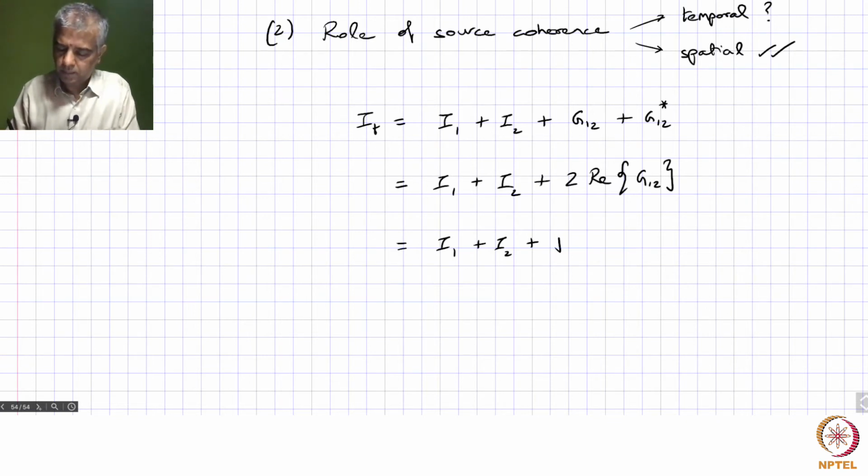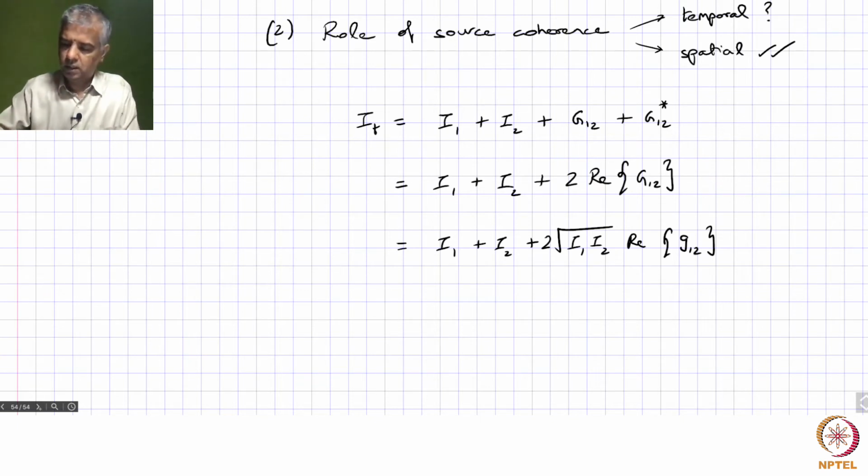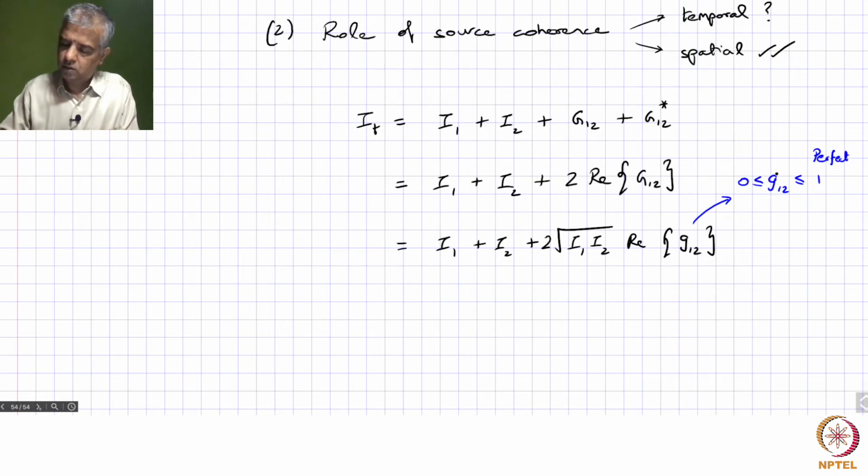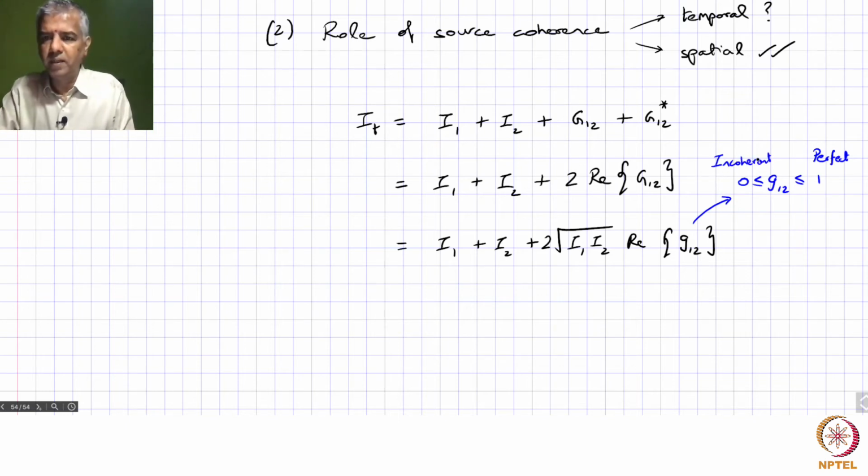So you can say this is going to correspond to root of I1 I2 multiplied by 2, and the real part of this degree of coherence, which is a value between 0 and 1, 1 being perfect coherence and 0 corresponding to incoherent, or you can call it perfectly incoherent light, right.